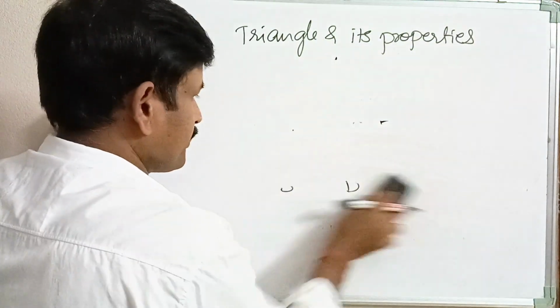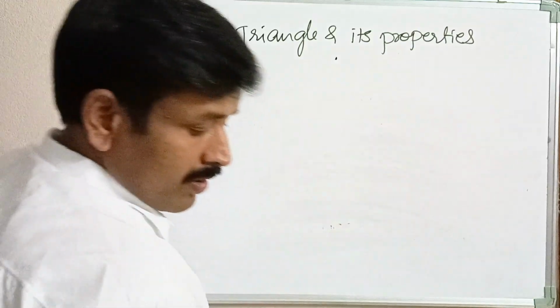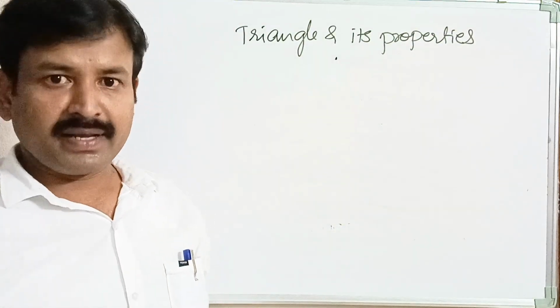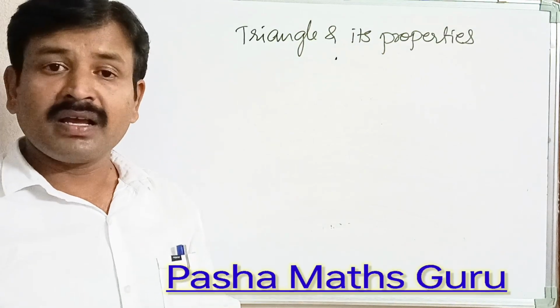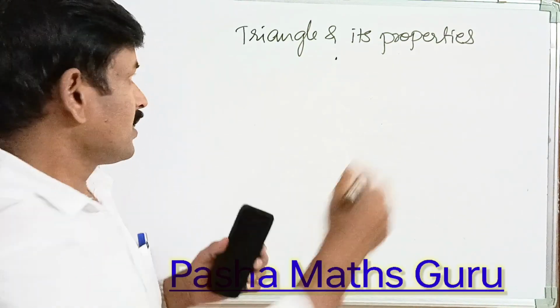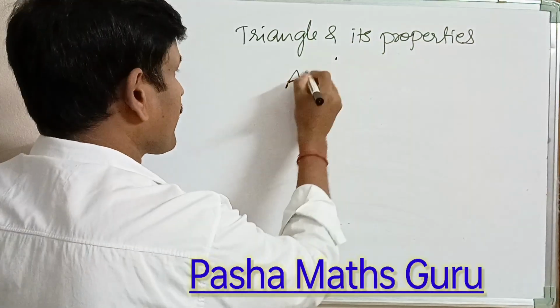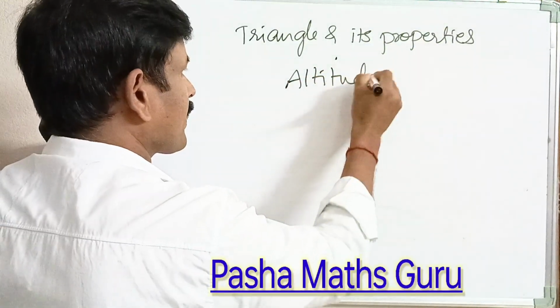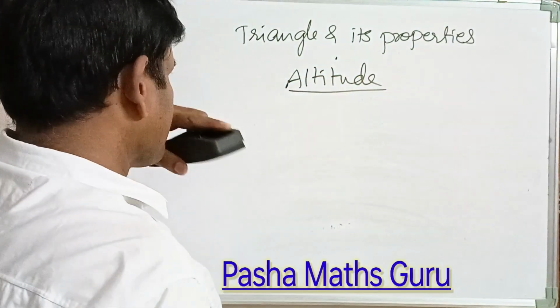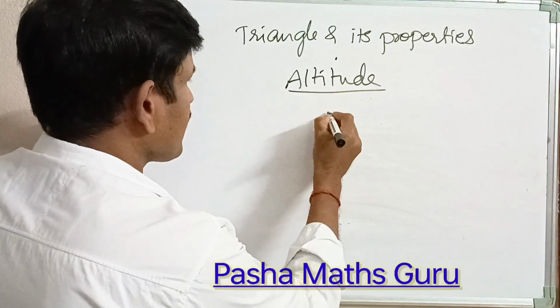Next, altitude. What is an altitude of a triangle? Altitude is nothing but the height of a triangle. Observe this triangle.